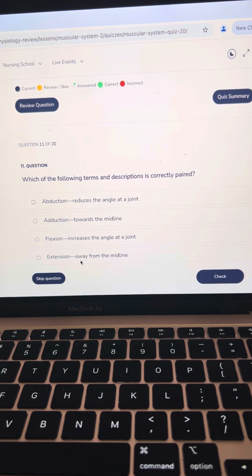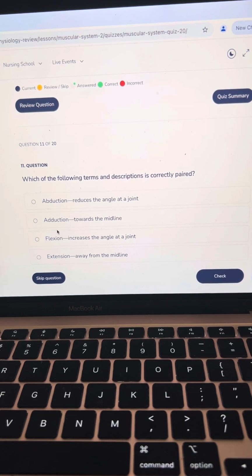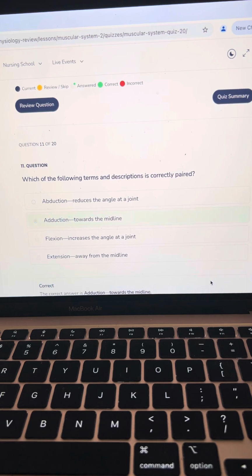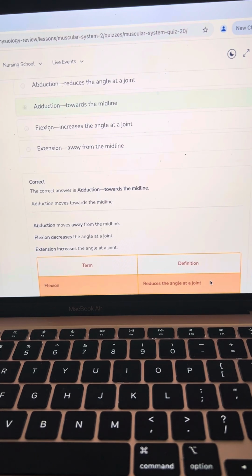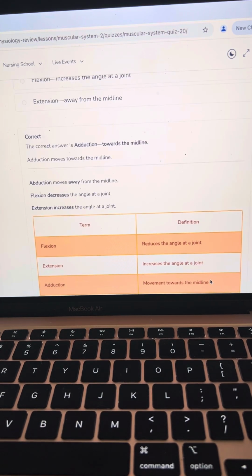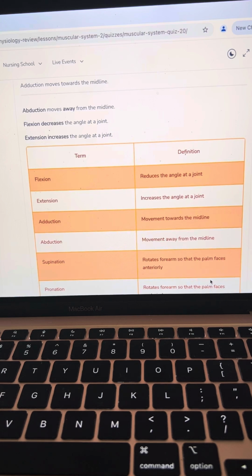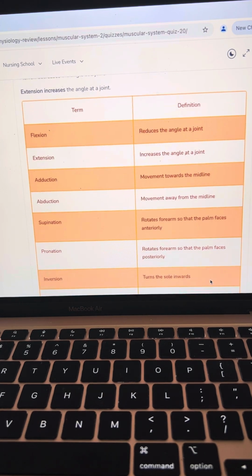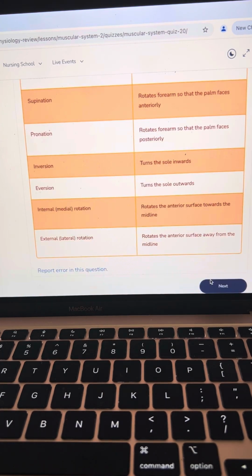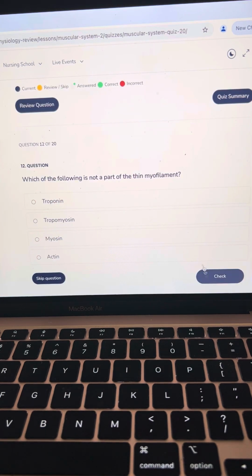No, wait a minute. I'm gonna say it's adduction towards the midline because you're adding and you're coming in, right? Yay. That one was a little confusing to me. Some of you may be saying, I knew right away, and that's perfectly fine. That's why we're doing this together.